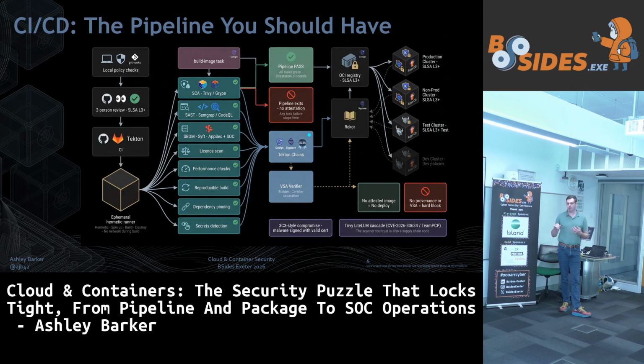Now, how many people have heard of the Trivy hack that went on recently? So, for those that know, or don't know, sorry, Trivy got breached. Trivy is an infrastructure as code scanner. Does quite a bit more, but it identifies vulnerabilities in your code. It looks for credentials.